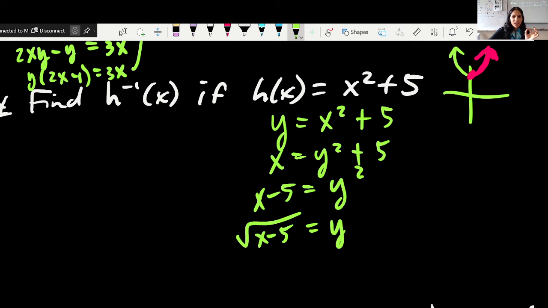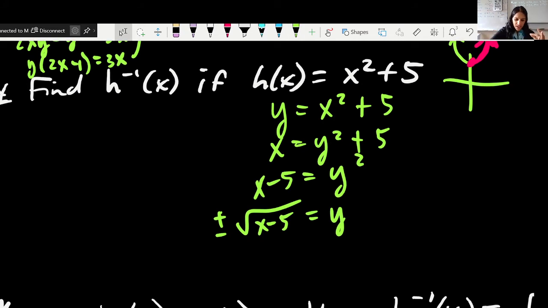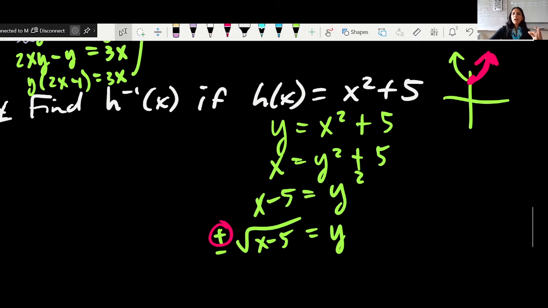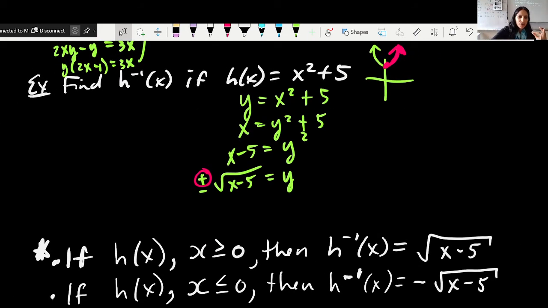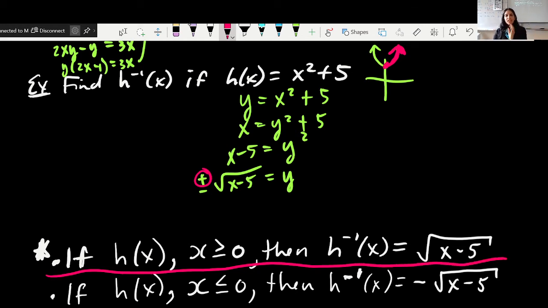So do you see when I'm square rooting this, I technically could get plus and minus when I square root it? There's the part that we're interested in. So what I can say for this is in pink, so that'll be this part. That'll be the part that I've sort of indicated or shown here. So that's the part right here. If h of x, when x is greater than or equal to 0, then the inverse would be positive root x minus 5.